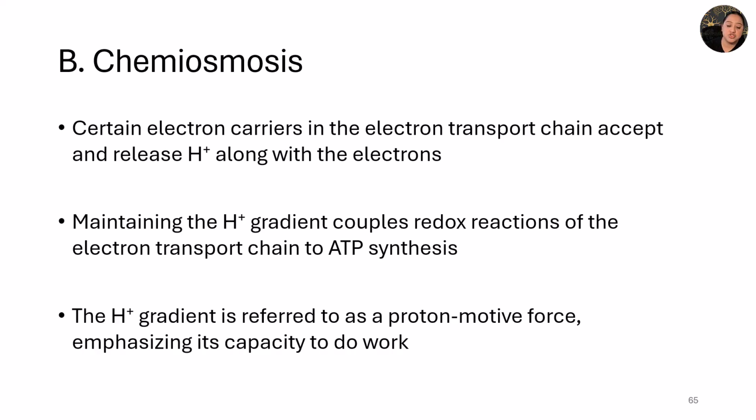That H plus proton gradient is referred to as the proton motive force, emphasizing its capacity to do work. Because it's protons, but it has a force to be able to move things and make work happen.